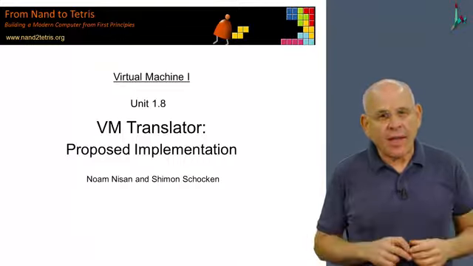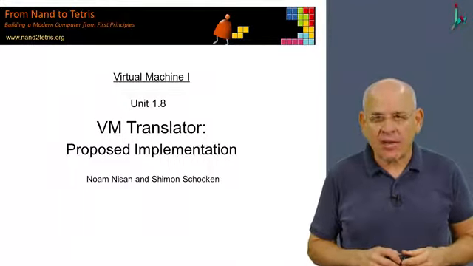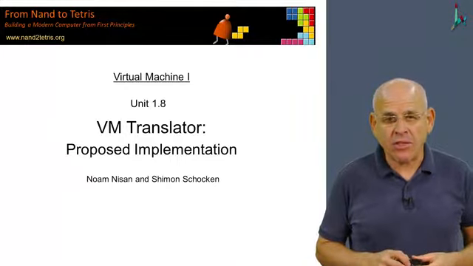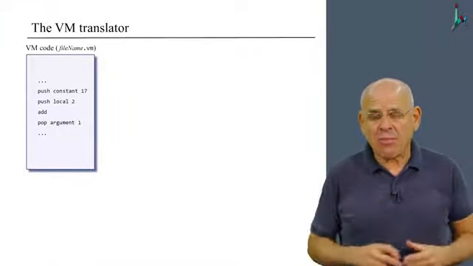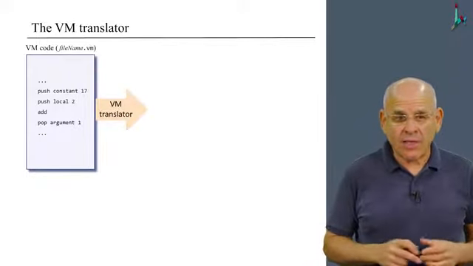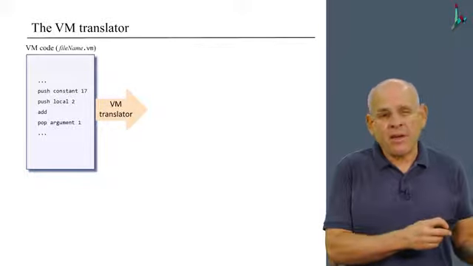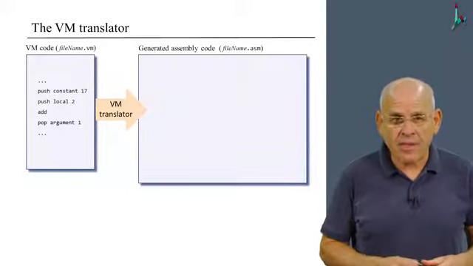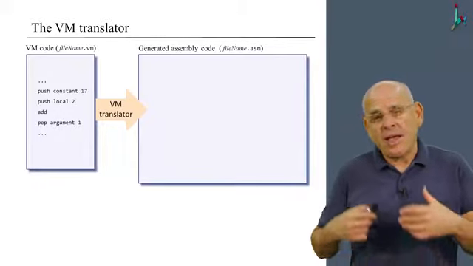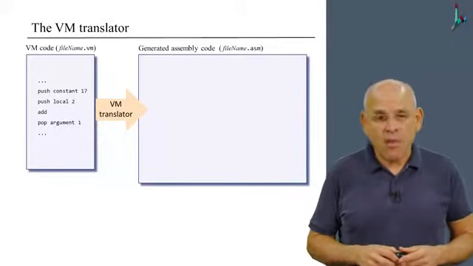All right, so let us begin to discuss how to actually build a VM translator using some high-level language. Well, to begin with, I'd like to remind you, as I did in the previous unit, what the VM translator is all about. It's a program that reads a given text file which contains VM commands and produces from it another text file that contains assembly commands.